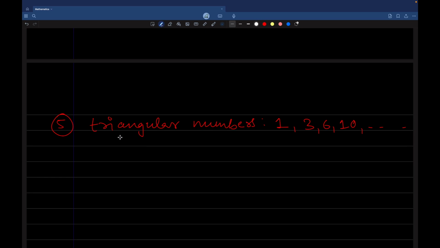What we get is 1 plus 3, 3 plus 6, 6 plus 10 and so on. It is 4, 9, 16 and so on. If you observe this pattern, these are perfect squares.